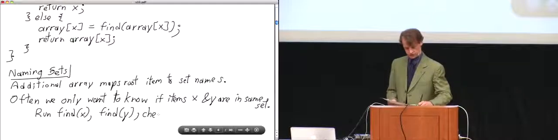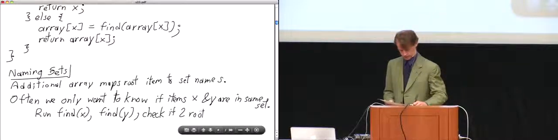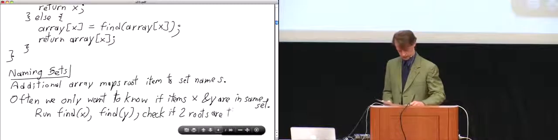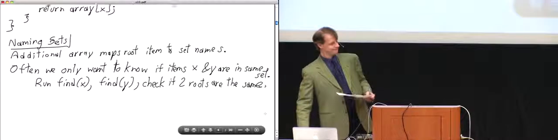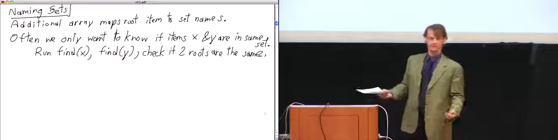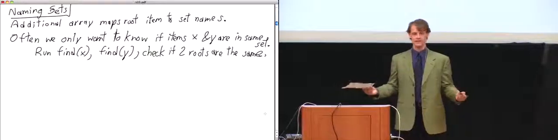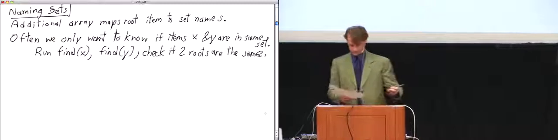And then you just check if those two roots are the same. And if they are, yay. Now you know. And if they're not, then they're not in the same set. And if it's Kruskal's algorithm, that means you can connect X and Y with an edge.